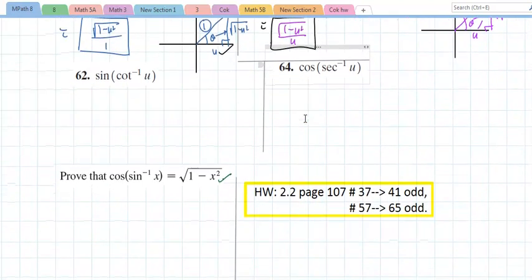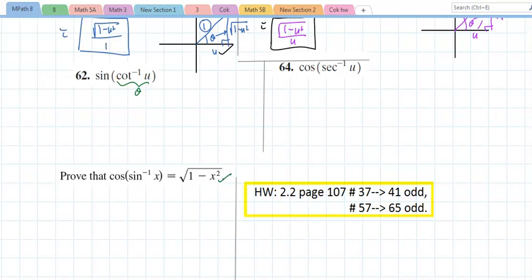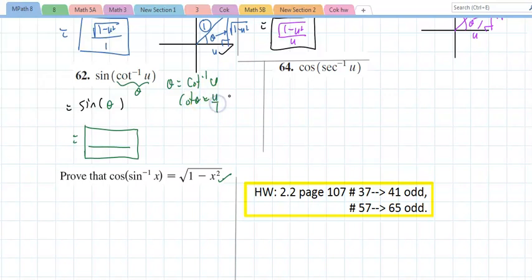And if I look at number 62, if I call this theta, I'm really looking for the sine of this angle theta, which I know is, as far as theta is concerned, the opposite over the hypotenuse. On the side, if I let theta equal the inverse cotan of u, that means cotan of theta equals u over 1.